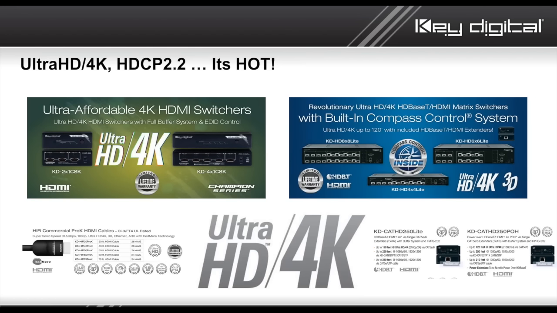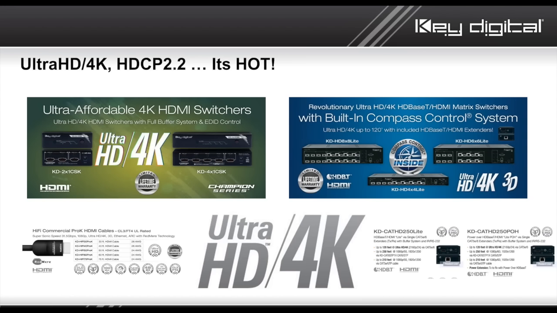And now we enter the second generation, if you will, of 4K video. This new generation of 4K video comes with HDCP 2.2 encryption, so a new level of copyright protection that we have to concern ourselves with on your new 4K sources, or your sources that are encrypted with this HDCP 2.2 protection that you'll want to know about.